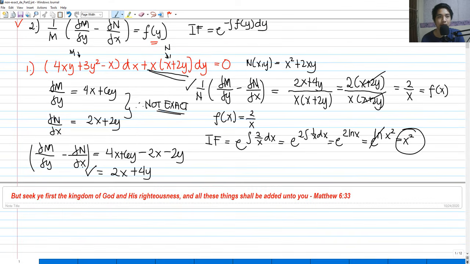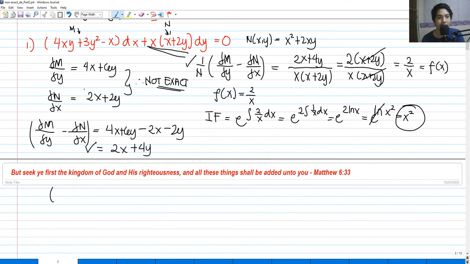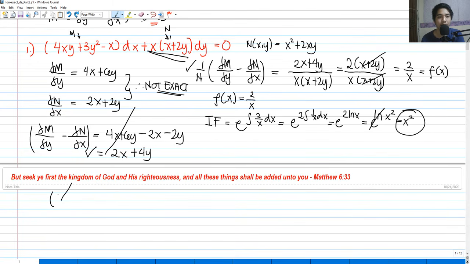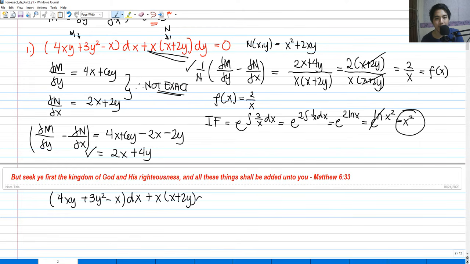So the second step: now that we already have the integrating factor, we simply multiply it on the whole equation of the given, because this would make the equation exact.